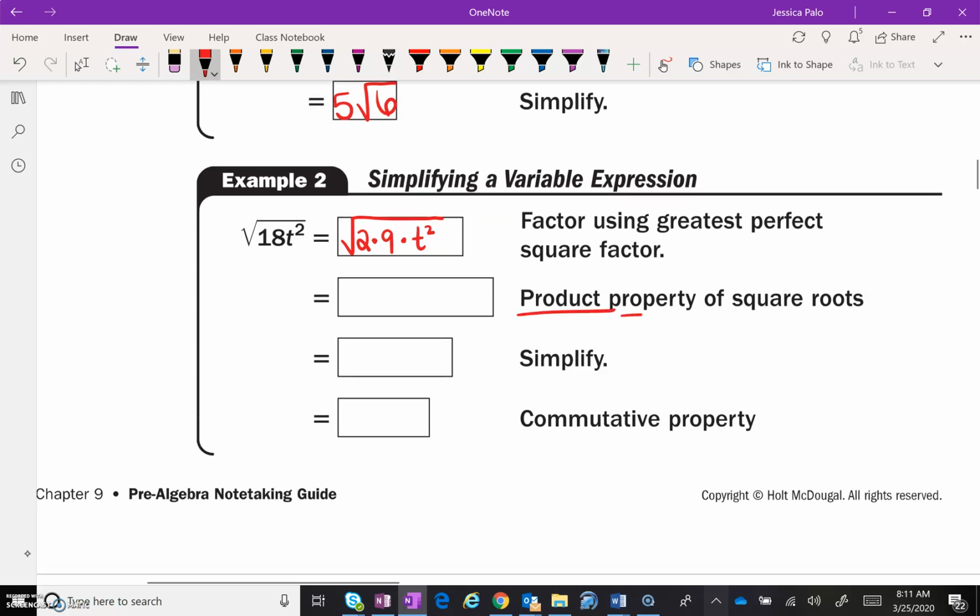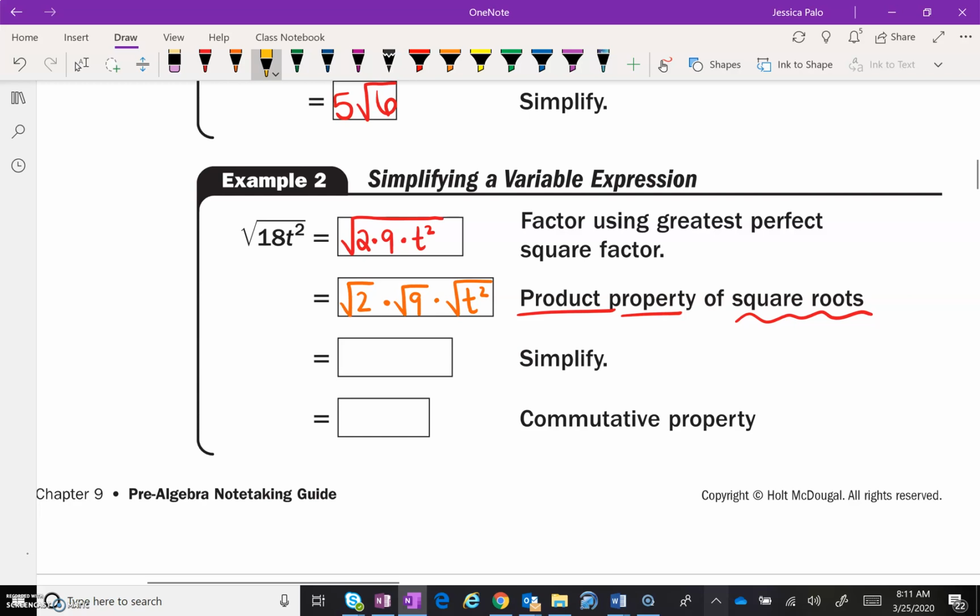The product property of square roots tells us to socially distance these factors, put them in their own homes: radical 2 times radical 9 times radical t squared.